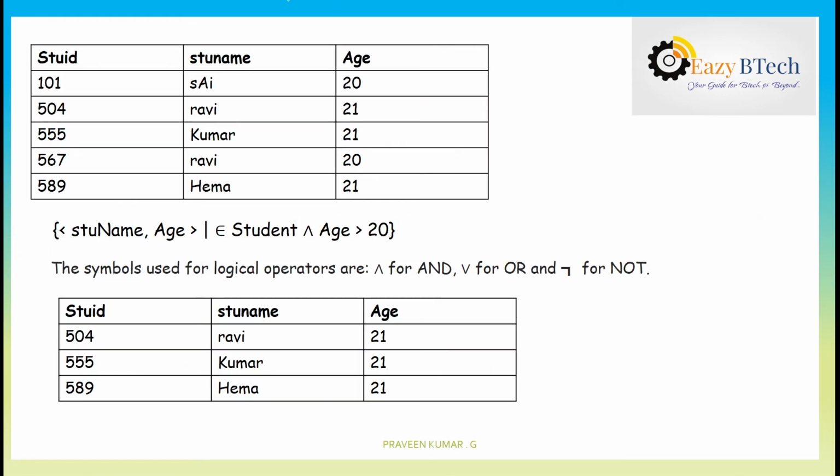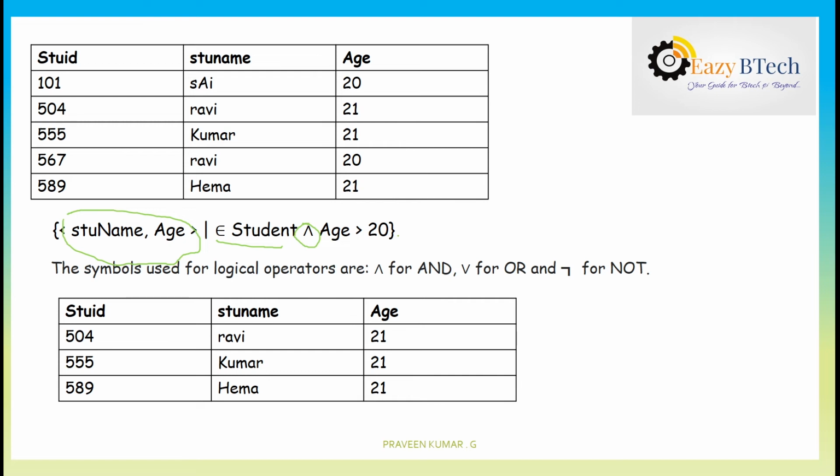Here we have the same student ID, student name and age. We want to print student name, comma, age, belonging to the student table, and here we have to write a condition: and age greater than 20.